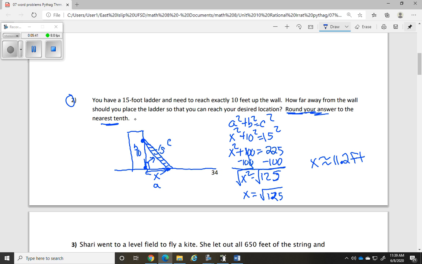So how far away from the wall should you place the ladder? Place the ladder about 11.2 feet away from the wall.